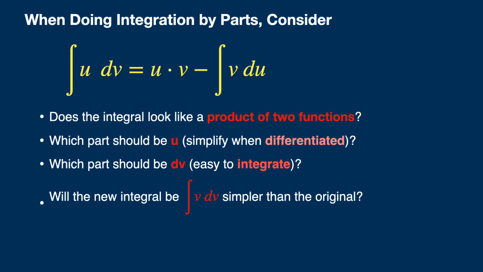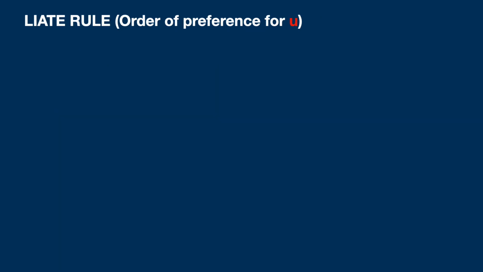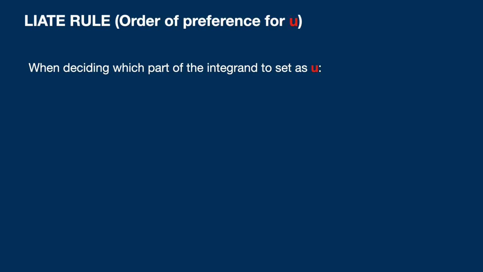So I'm going to give a very important rule to decide u. We call it the LIATE rule, the order of preference for the u. When deciding which part of the integral to set as u, you follow this rule. First, you look for a log function in the integrand, then you pick u to be ln x.